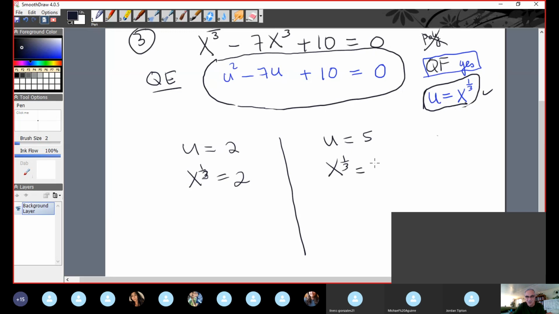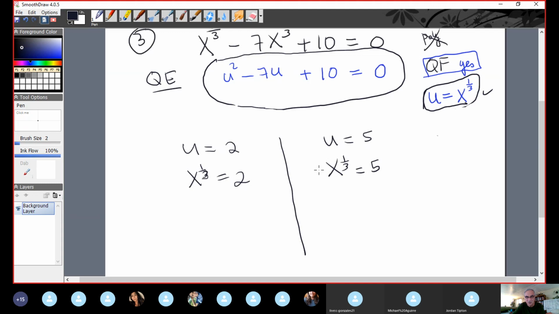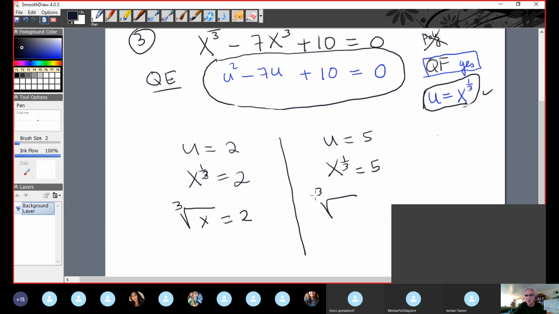At this moment I am a little bit confused about what kind of equation it is. Let me rewrite this fractional exponent in radical notation. This is the cubic root of X. Do you see that? It's a radical equation.